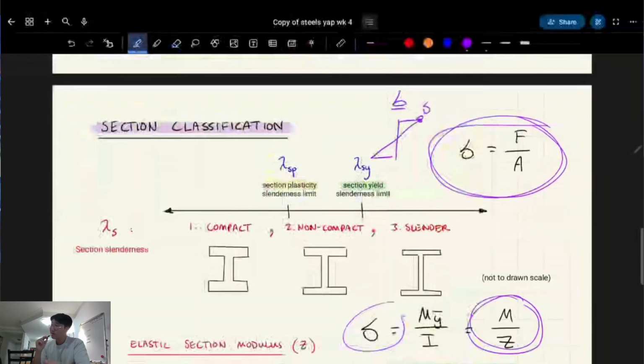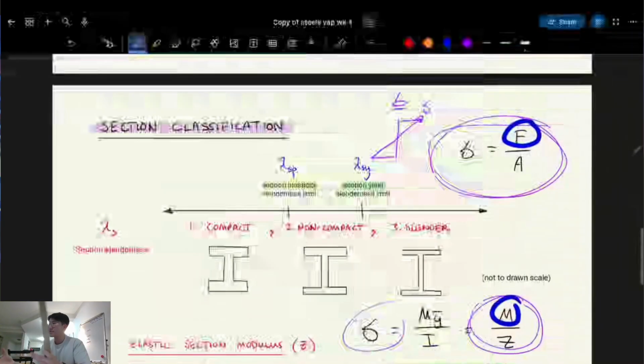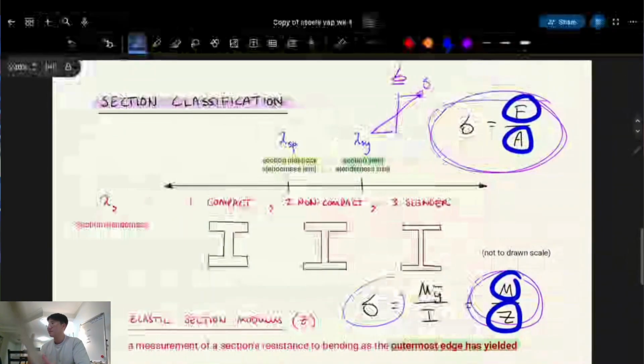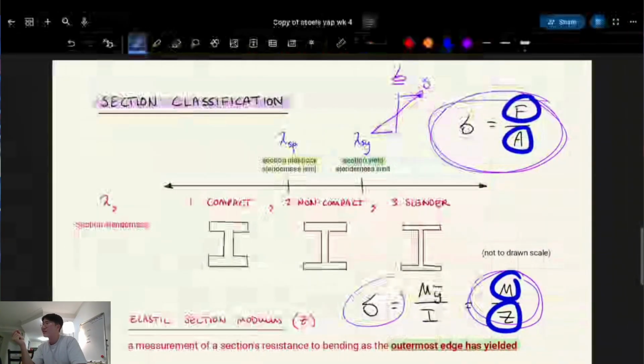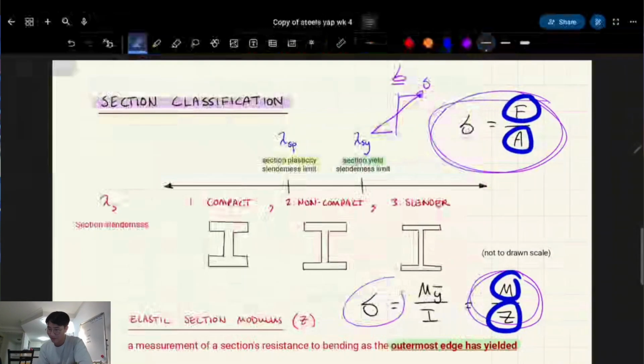But there are analogies. Force can be similar to moment to some degree, and area can be thought of as your elastic section modulus. So whenever you see elastic section modulus, just think of it like the bending area almost. It's harder to fully understand because the units are mm to the power of 3, but this one's mm to the power of 2.